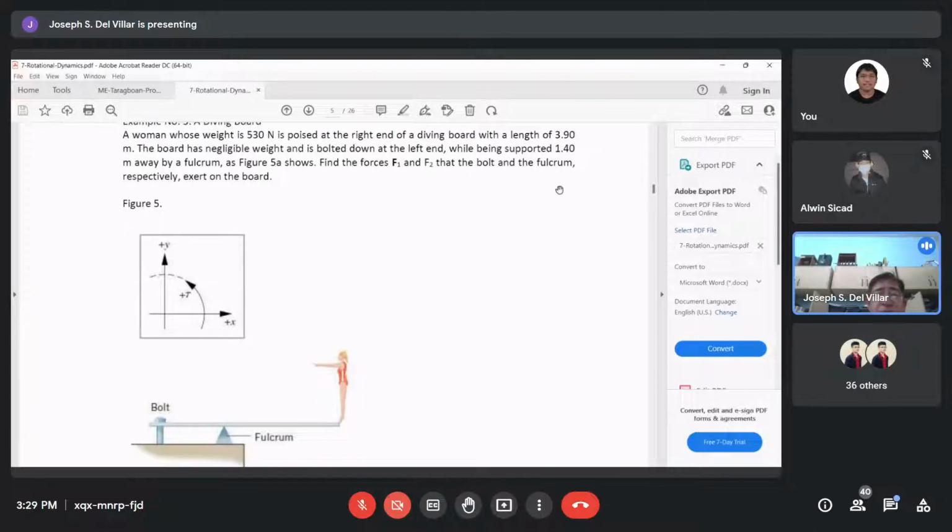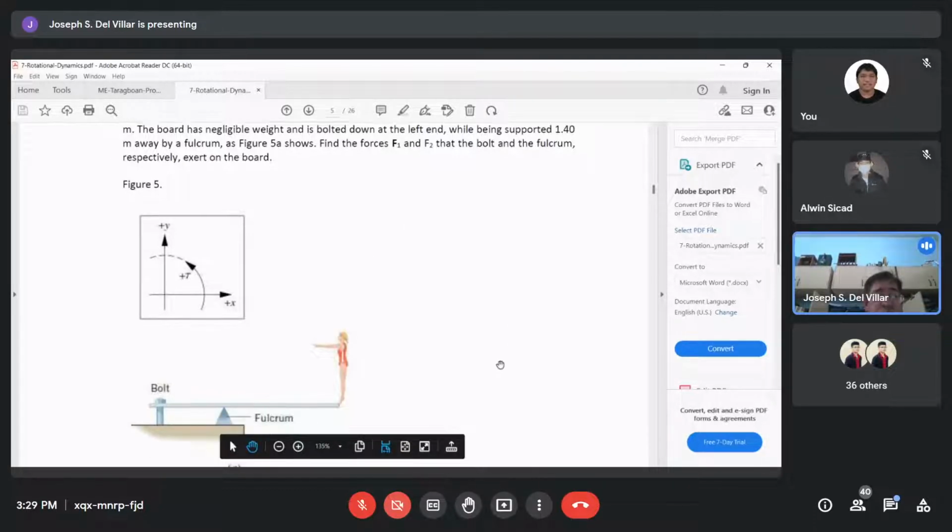While being supported 1.4 meter away by a fulcrum. Okay? So, yung left end, naka-bolt. The board has negligible weight and is bolted down at the left end while being supported 1.4 meter away by a fulcrum. So, the distance between the bolt and the fulcrum is 1.4 meter. Okay?